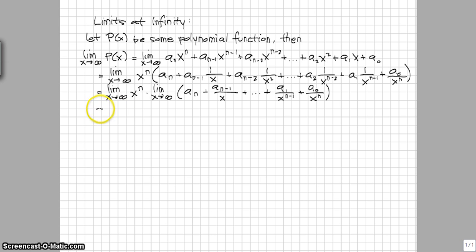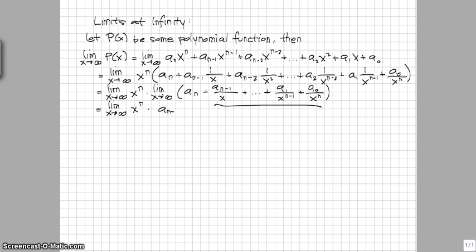And as a result, in my next step, I have the limit as x approaches positive infinity of x to the n multiplied by, all the rest of these went to 0, but the limit as x approaches infinity of the constant a sub n is just going to be a sub n.